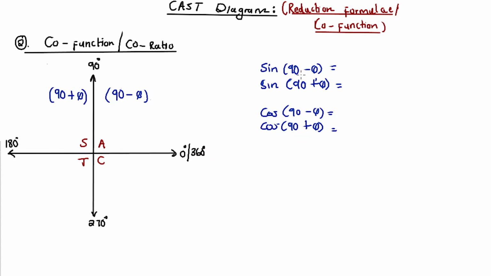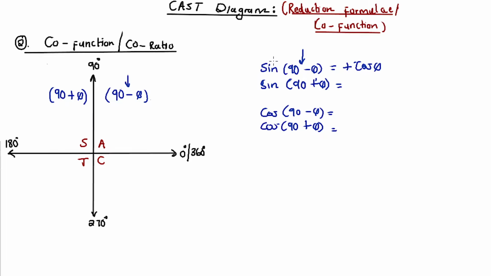I have sine 90 degrees minus. Again, just like the reduction formulas, you check where this formula lies. Since it lies in the first quadrant and all ratios are positive, it means that it's going to be a plus cos theta.